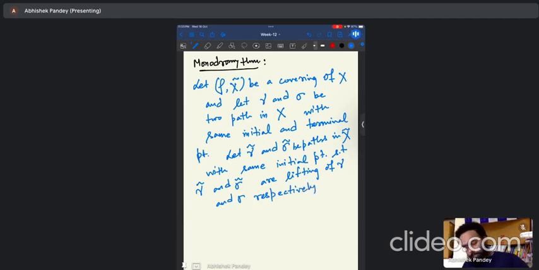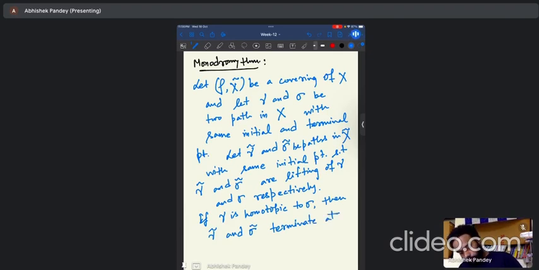So our question is whether this gamma tilde and sigma tilde terminate at the same point. For that, this is the condition. If gamma is homotopic to sigma, then gamma tilde and sigma tilde terminate at the same point.